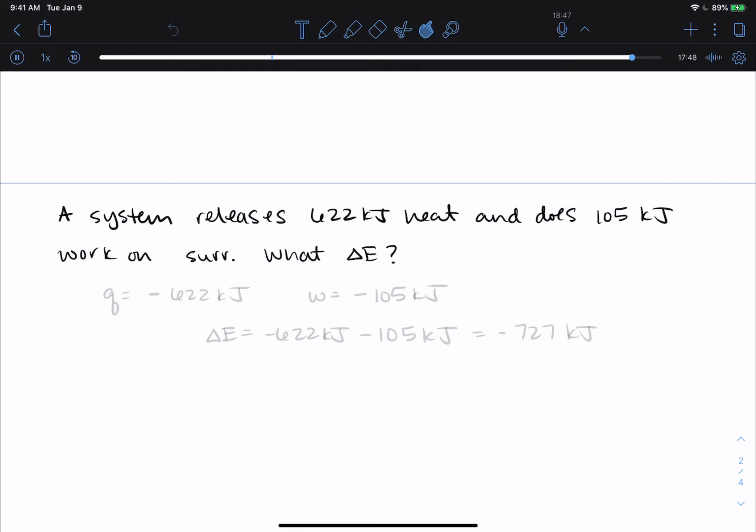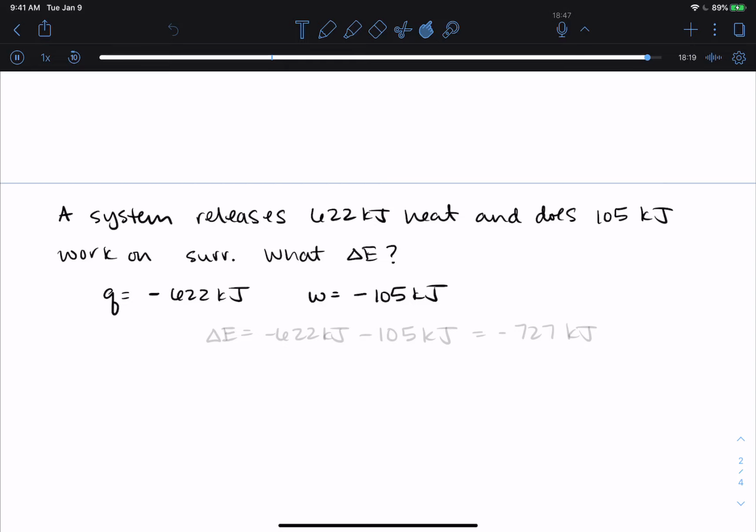All right, so Q, well, magnitude, we know that it's 622 kilojoules, and if the system gives off that much heat, then the sign should be negative. And work, we know that the magnitude is 105 kilojoules, and work done on the surroundings is work done by the system, so this is a negative.